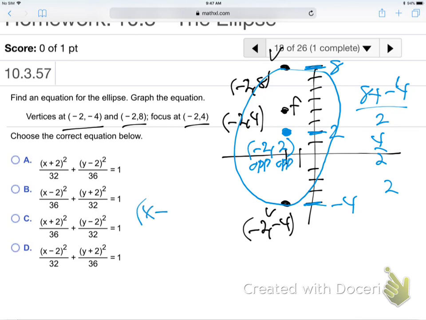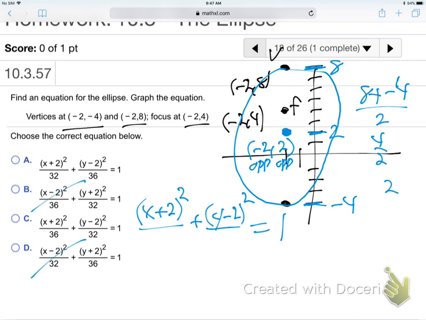So the equation is going to be x plus 2 squared over something plus y minus 2 squared over something, equals 1. You with me? Because the equation to the center is always opposite. So right away I can eliminate this answer and that answer. They're not right. Good.